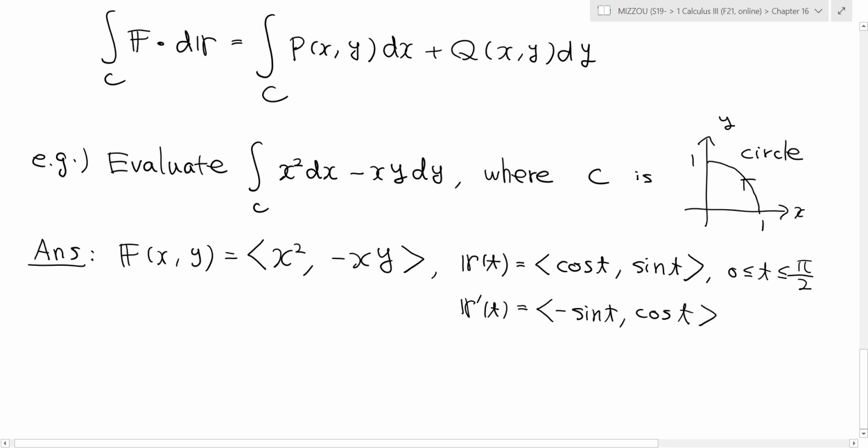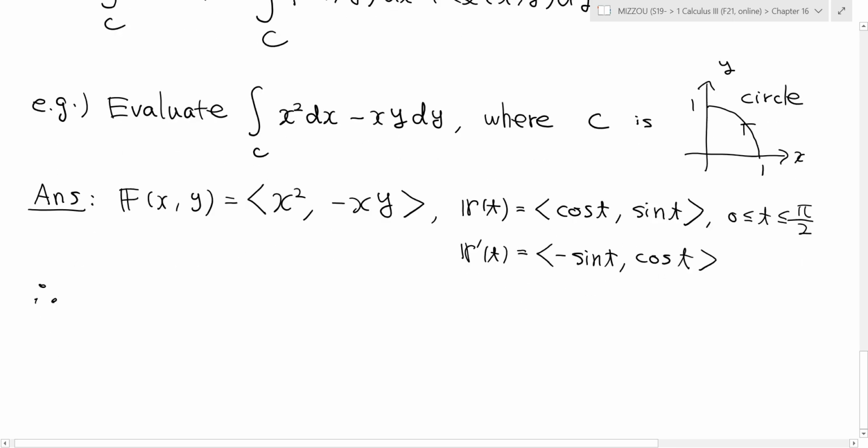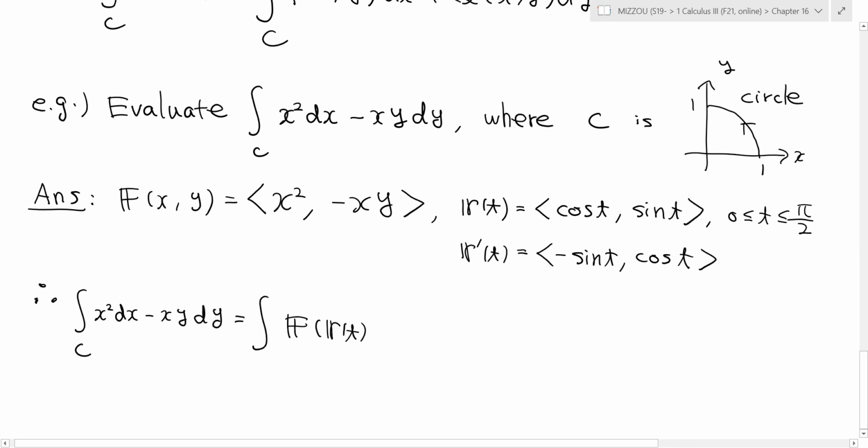So therefore, the given line integral, this one, integral over C of x squared dx minus xy dy, is obtained as the integral of F of r of t. You stick in the parameterization to the vector field you integrate, and then you compute the derivative and take the dot product and integrate with respect to t, and t is from 0 to pi over 2.